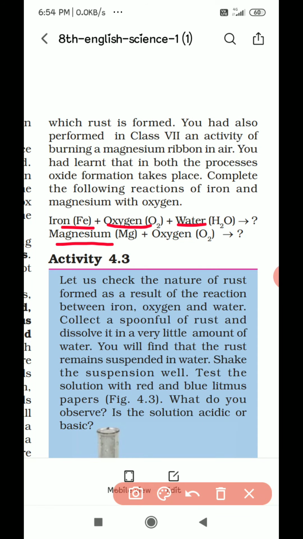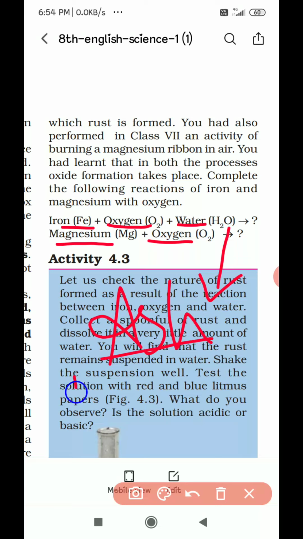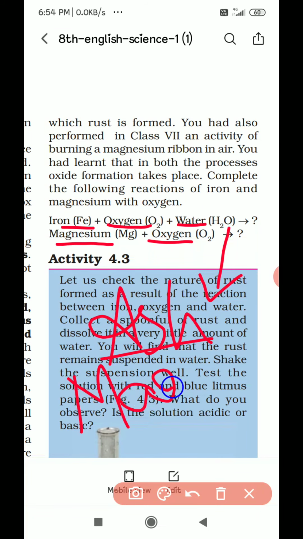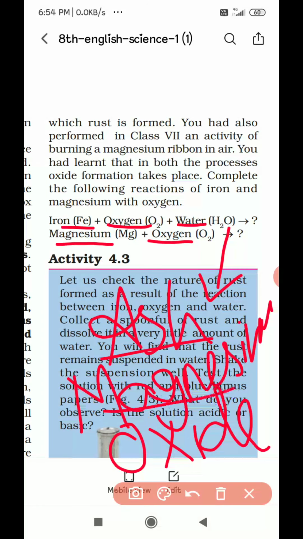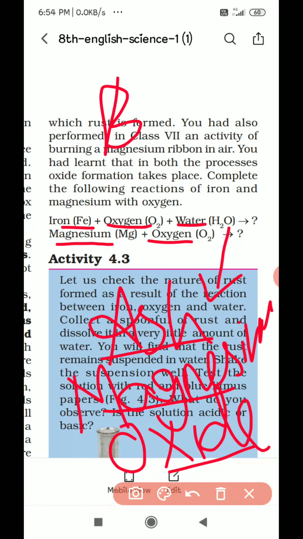Similarly, when the magnesium ribbon is heated in presence of air, meaning in presence of oxygen, the product we are going to get is ash. That ash is chemically called magnesium oxide, and the nature of ash, that is magnesium oxide, is again basic in nature. We have performed an activity now.